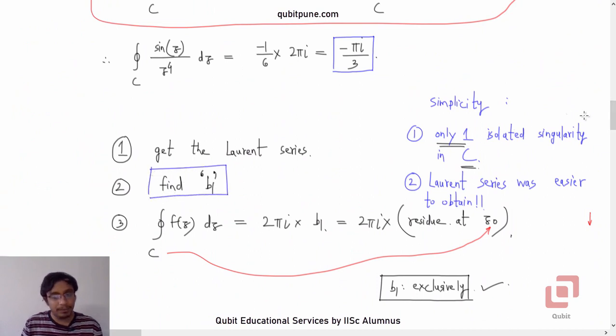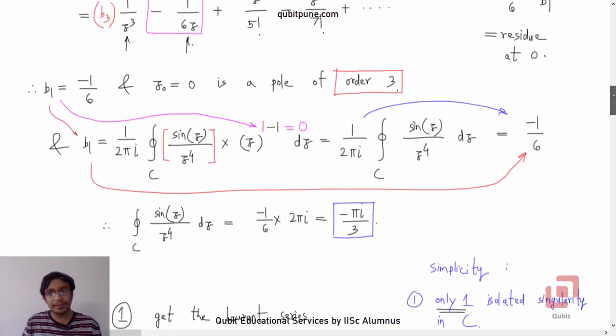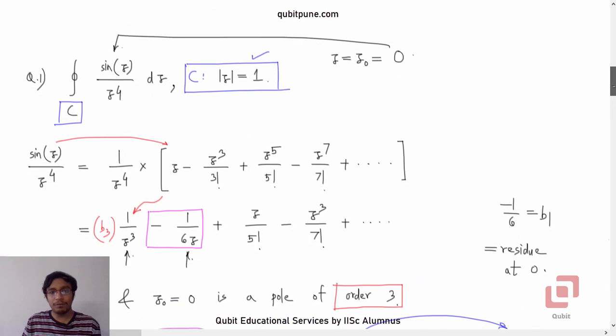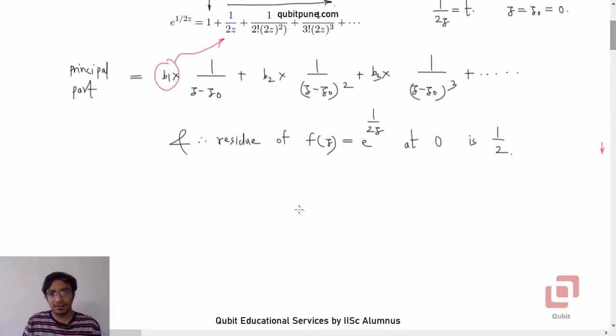The need to find b1 exclusively is that if we go to the formulas for finding bn's in the Laurent series and substitute n equal to 1, what we get is this. And this is exactly what we are looking for.